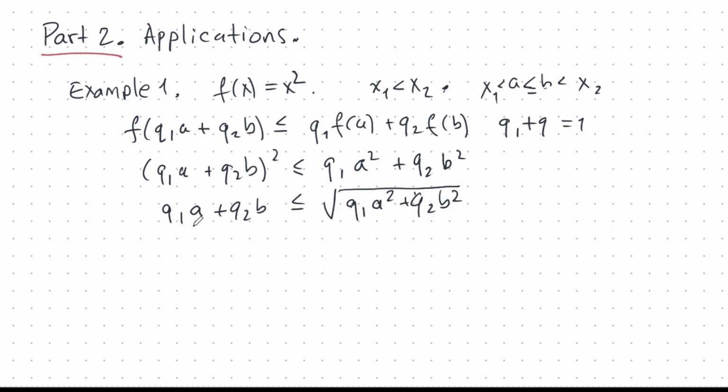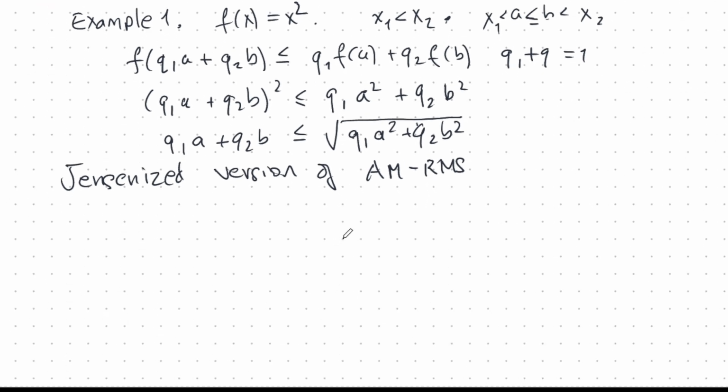This is a Jensenized version of RMS, root mean squared. And you say, well, I don't really see it, it doesn't look like RMS or arithmetic mean. Well, it is.